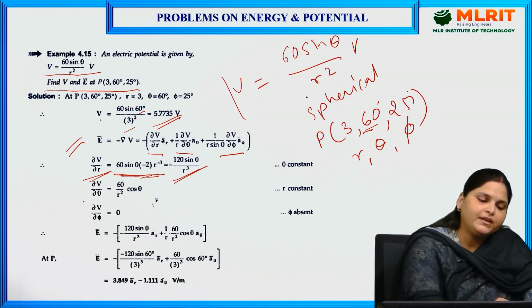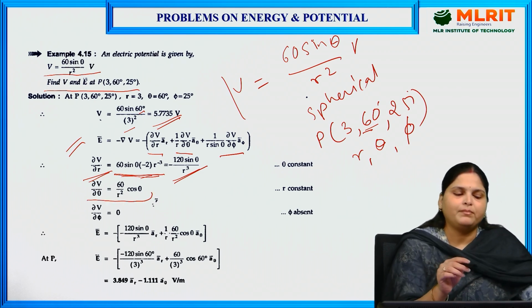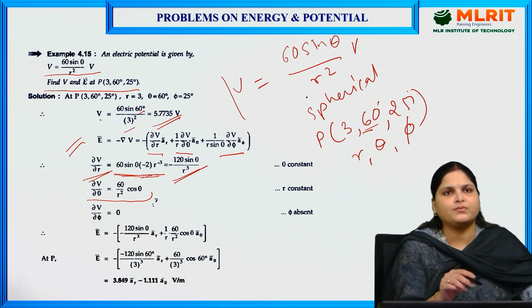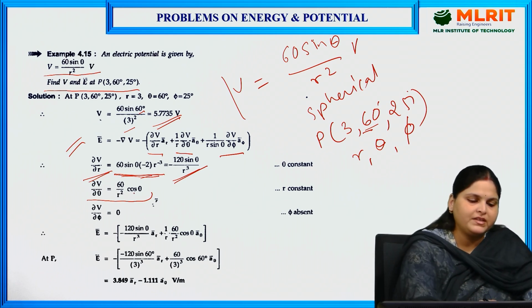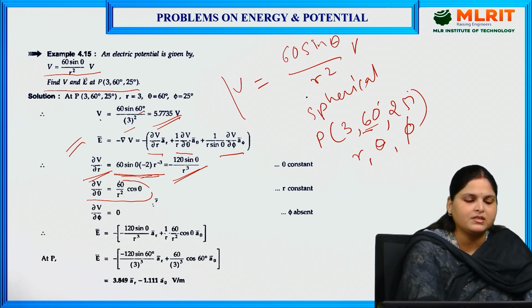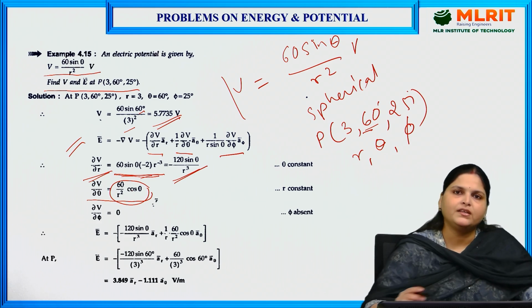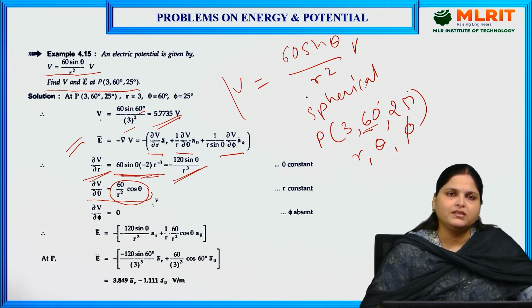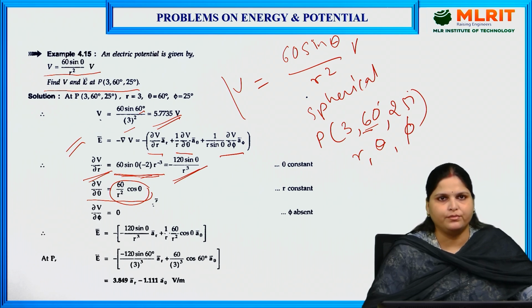Next we will calculate dou V by dou theta, the partial differentiation of V with respect to theta. The differentiation of sine theta is cos theta, so this will become 60 cos theta upon R square. Then we calculate dou V by dou phi. As the phi factor is not there, this will become 0.